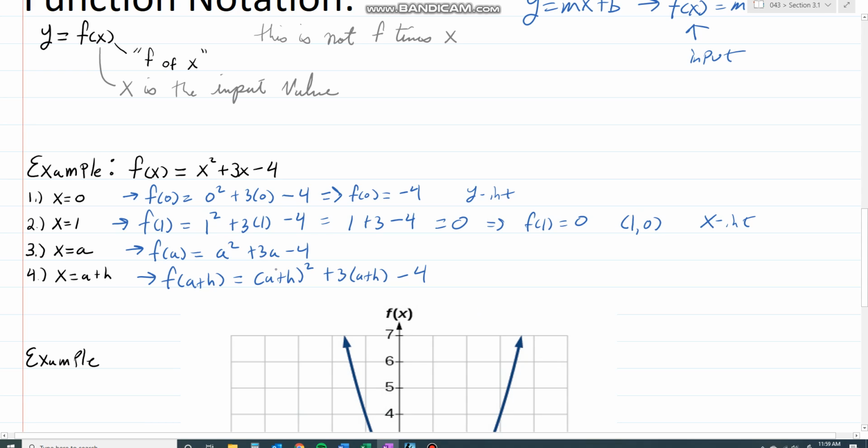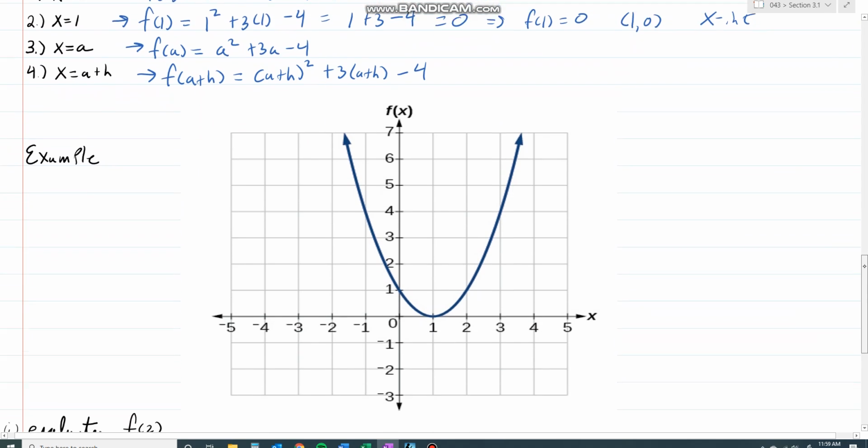Now I can, of course, start distributing and simplifying, but that is technically plugging in a plus h for those values. I'm going to leave that there for now, but I wanted to show you what plugging in a plus h looks like in this video.